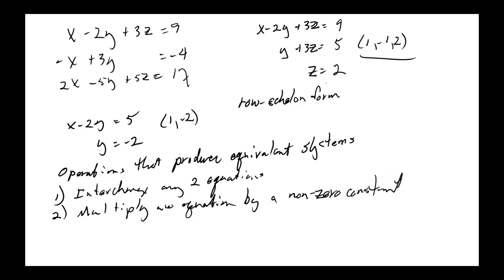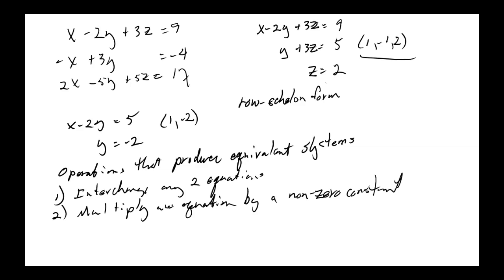So, if you wanted to multiply this equation here by 1, or negative 1, that would make this an x minus 3y equal 4. You haven't changed the values any. You just multiply, so any one of these. You can multiply any one of those by a non-zero constant.